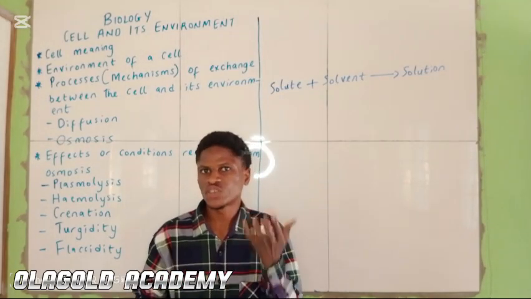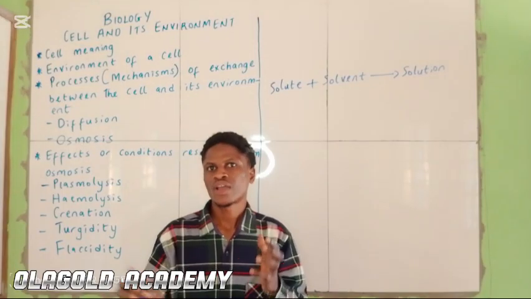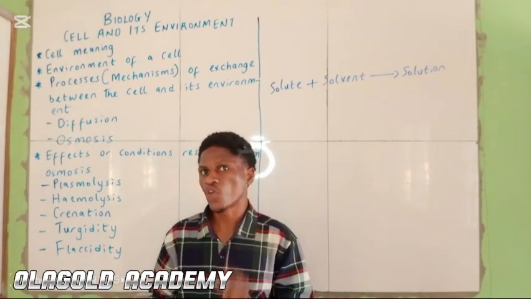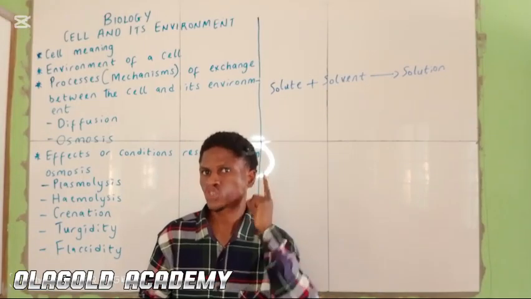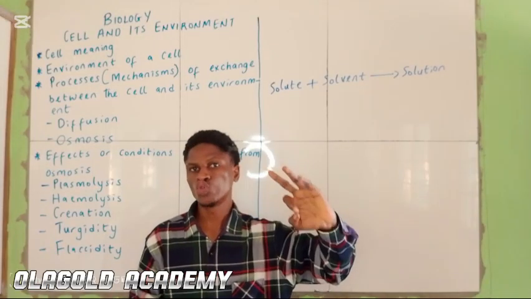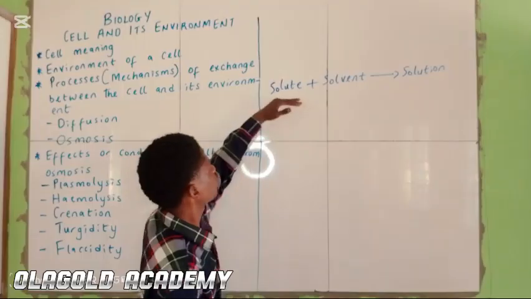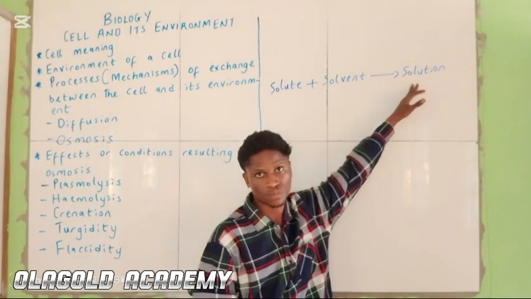So we refer to water as a universal solvent, because it tends to dissolve more solutes than other solvents. Alright, we have solutes, we have solvents to give us solution.